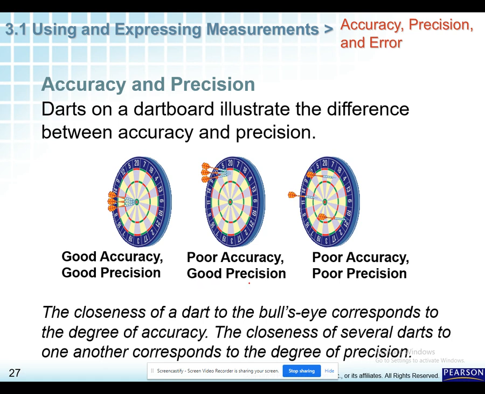But I still have good precision because, again, all these series of measurements are really close to one another. So although I didn't get the value I wanted, I was consistent. You can compare consistency to precision. And the last one, I have poor accuracy because I never really hit the middle of the value that I want. And I also have poor precision, or I was very inconsistent, because all of my darts are nowhere near the same location.